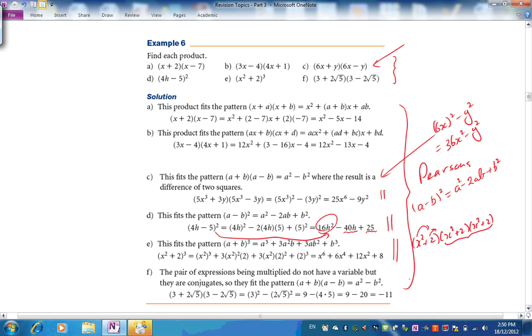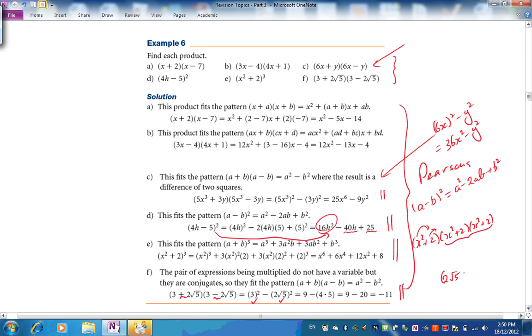Here we've got square roots, but they come out nicely if they're conjugates. Here it is, 3 plus 2 root 5 and 3 take 2 root 5. So that's going to follow the pattern a squared take b squared, the first one squared minus the second one squared. And gee, isn't this nice?